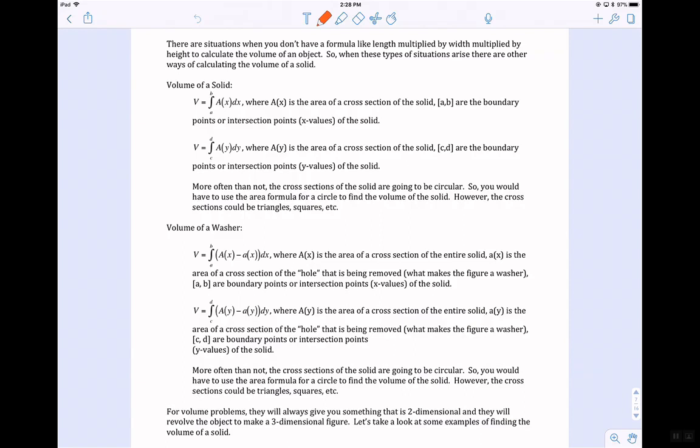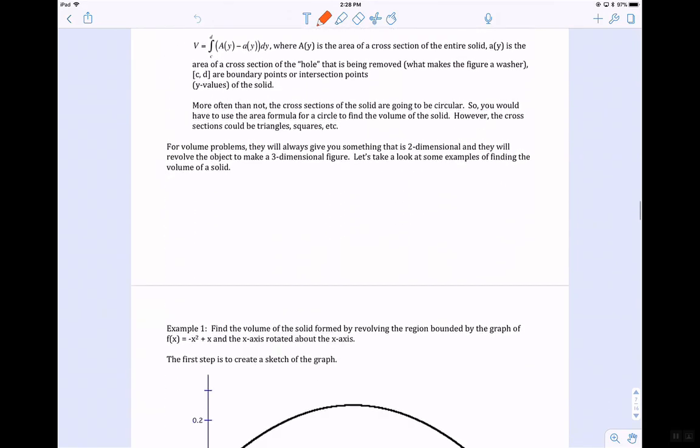Basically the axis of rotation has to also be one of the equations that makes up your volume. Otherwise it's a washer, even if it has a teeny tiny hole in it. That situation is when the two equations that form the solid are not the axis of rotation. Let's take a look at an example or two.